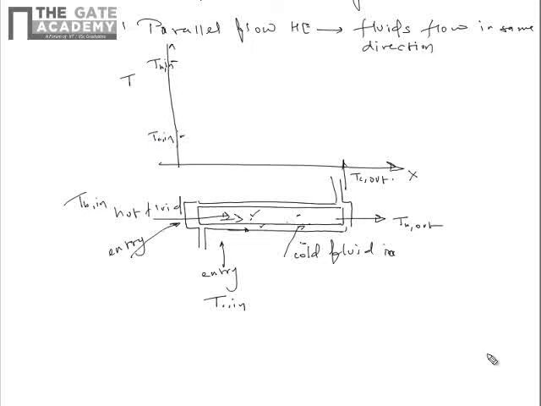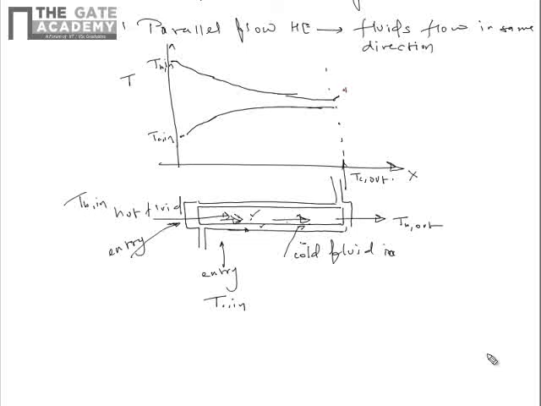So, as the fluid moves in the heat exchanger, hot fluid will lose heat and cold fluid will gain heat. So, we will get something like this, as it will reach the outlet.